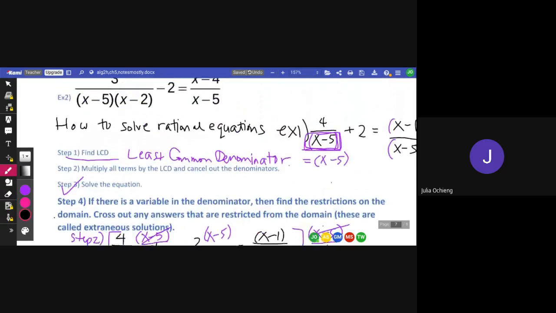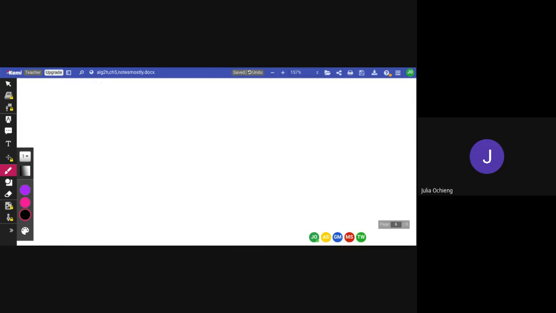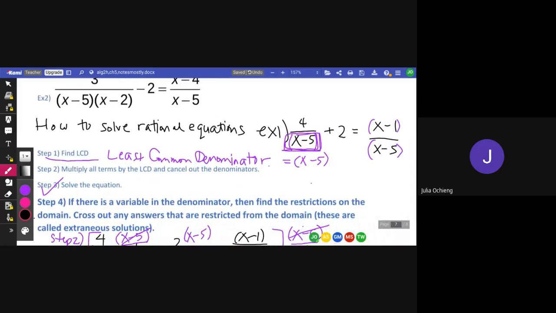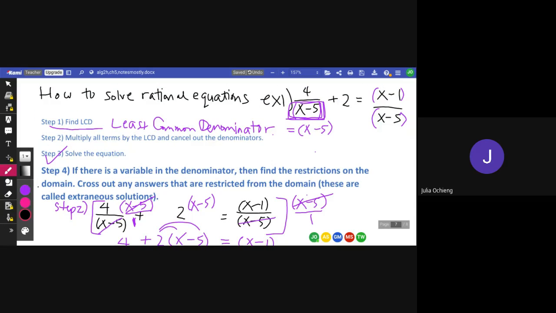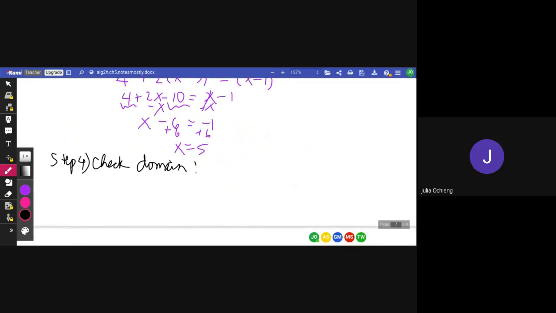And that is to look at the original denominator in the problem, which was right here, and set every denominator in the problem not equal to 0 and solve. So there's only one denominator because they're both x minus 5. So the only one here was x minus 5 can't be equal to 0.